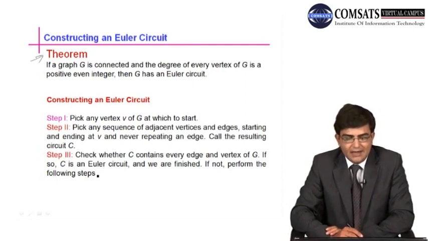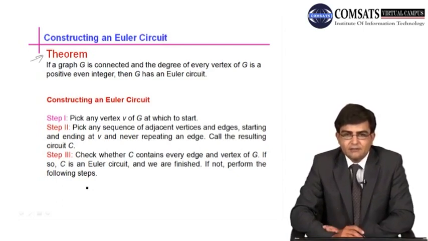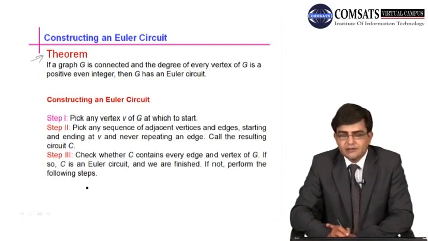In a graph, first you have to check 2 conditions: whether the graph is connected, and whether all vertices have even positive degree or not. If these 2 conditions are satisfied, then there must be an Euler circuit in that graph. So now how to construct an Euler circuit in that graph? The first step is to choose any vertex v of G, where you have to start to construct the Euler circuit.